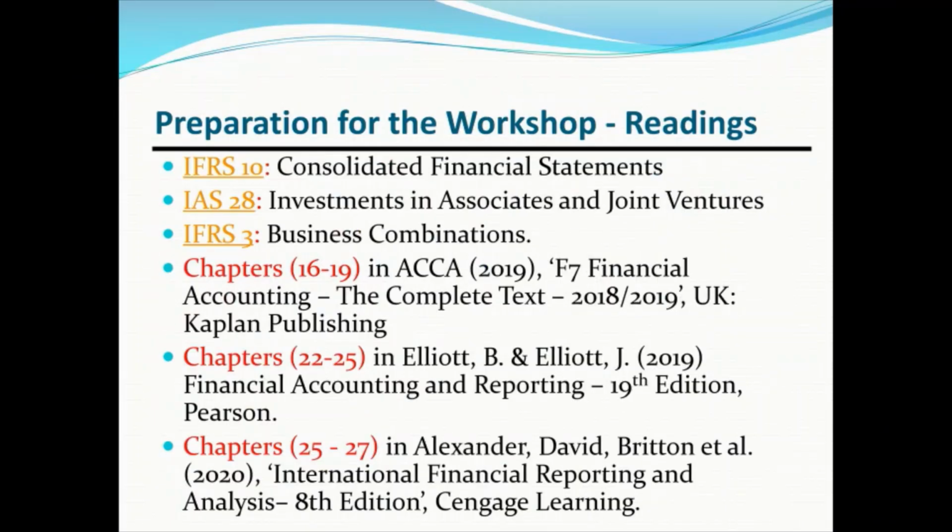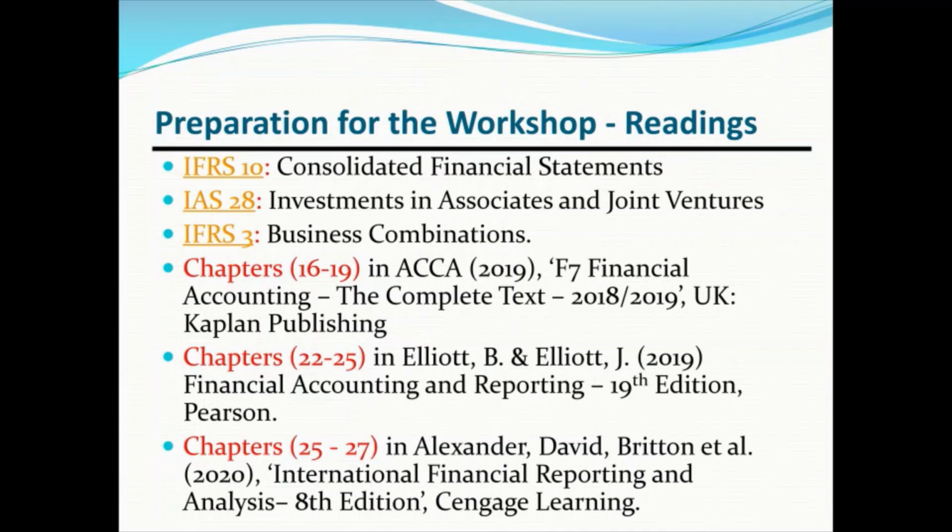We're moving now to the preparation for the workshop. What you need to prepare for the workshop on this topic: we have two types of preparation. The first one is about reading, and we have several sources of reading.